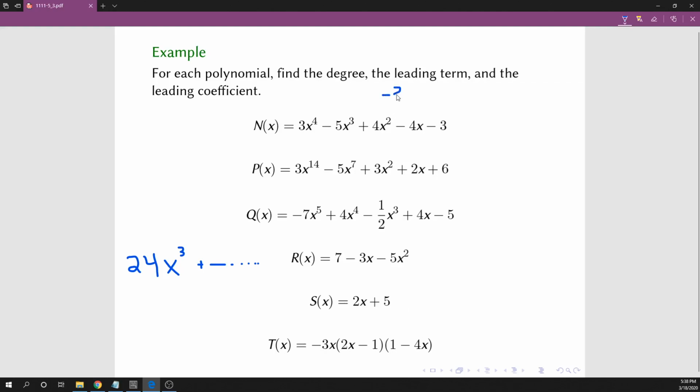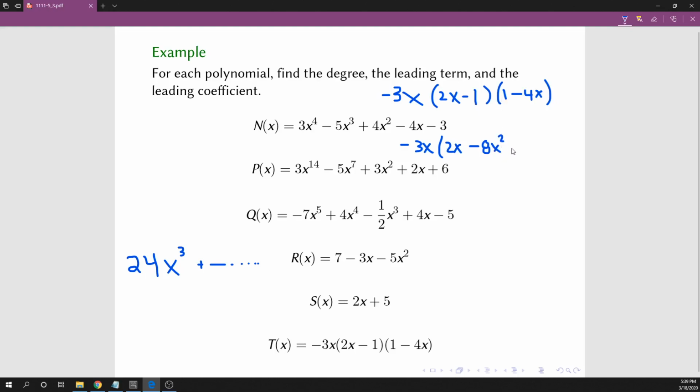So I have minus 3x times 2x minus 1 times 1 minus 4x. I'd multiply these two out first, and FOIL these out. So I get 2x, and then outer times outer is minus 8x squared.